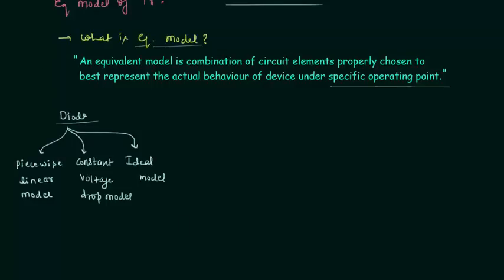In the same way, we require equivalent models for the transistor, and in case of transistors, the first equivalent model is the hybrid model. After this, we will study the RE model.